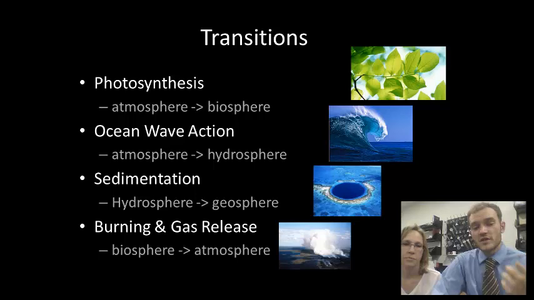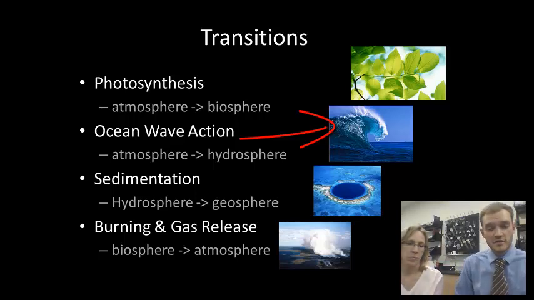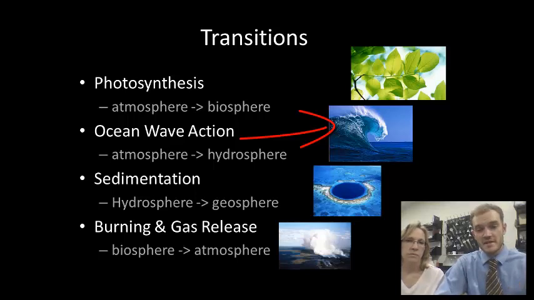Now, we also talked about ocean wave action, where the water in the ocean, in the hydrosphere, almost reaches up and grabs the carbon dioxide out of the atmosphere and pulls it down into the ocean, where it dissolves into carbonic acid.